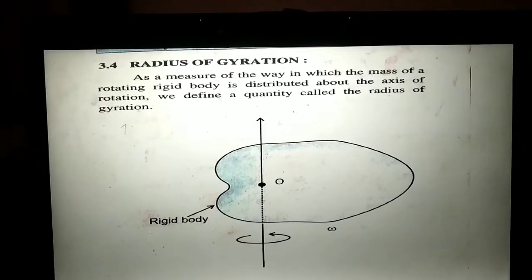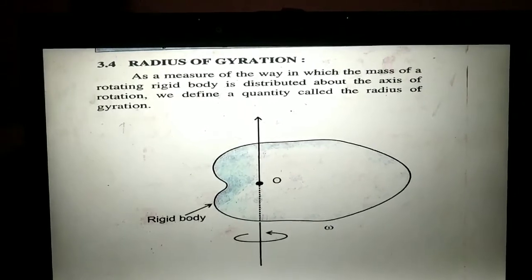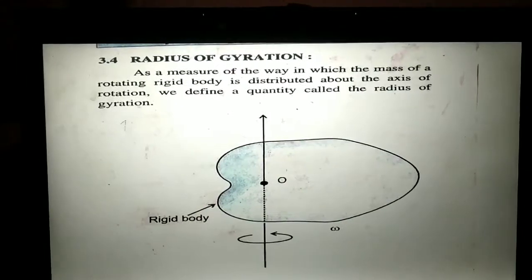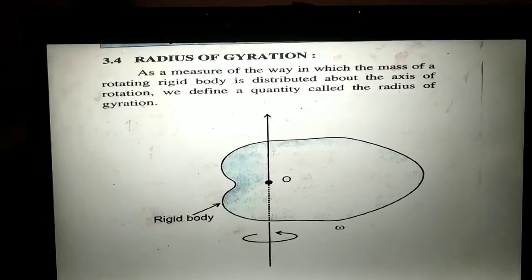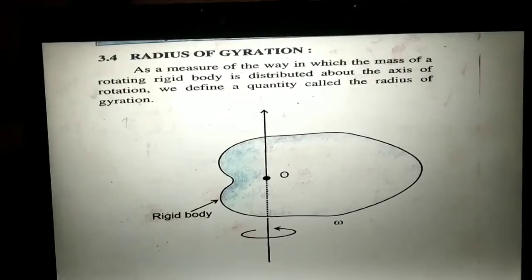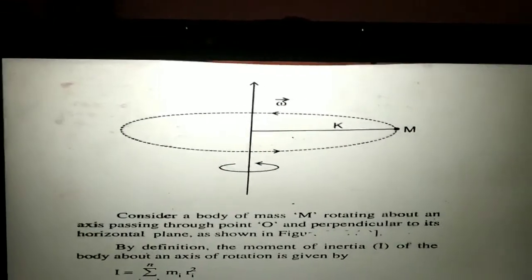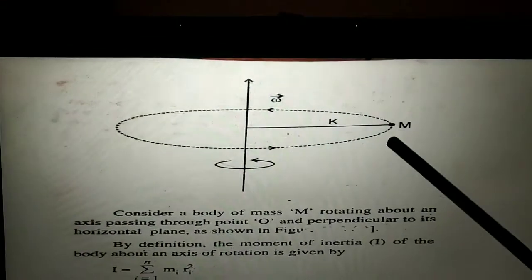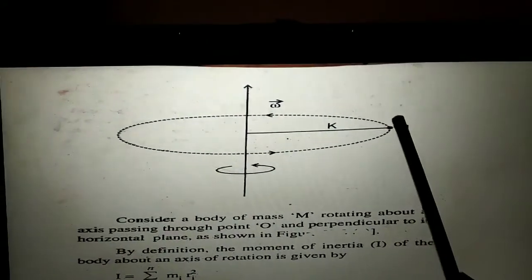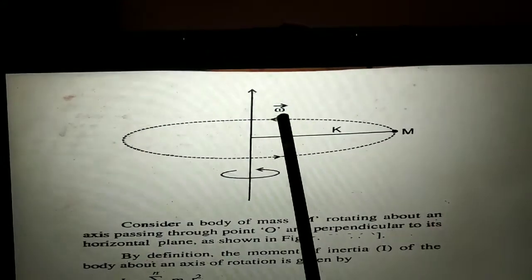So now here, it is a measure of the way in which the mass of the rotating body is distributed about the axis. A diagram is shown of a rigid body rotating about an axis, but to define this radius of gyration, one diagram is shown. Here M is one single body which is rotating on this horizontal circular path with constant velocity omega.